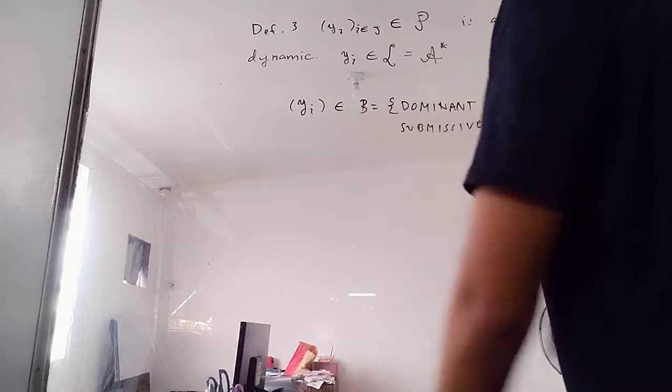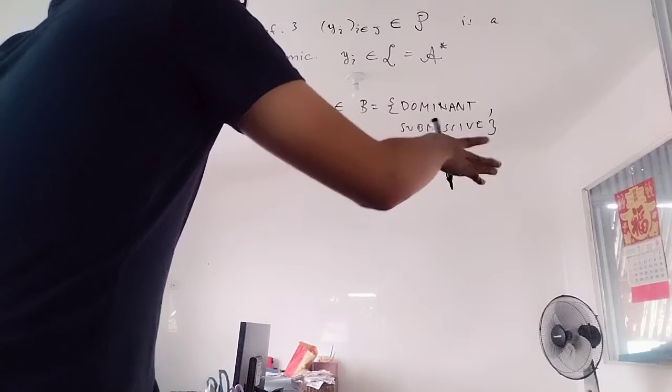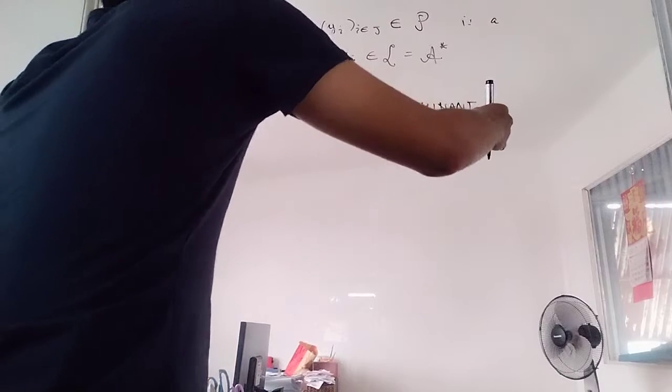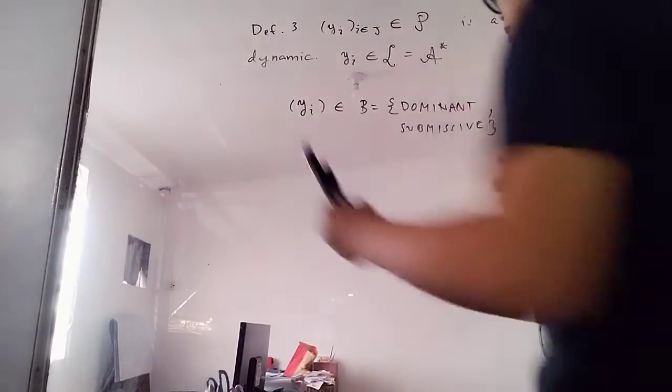So you can be one of these. And when we define the switch position, it would be any set or any point that contains both of these. So it's a union of the dominant and submissive and masculine and feminine, or it could be just one of those. It really depends on your situation.